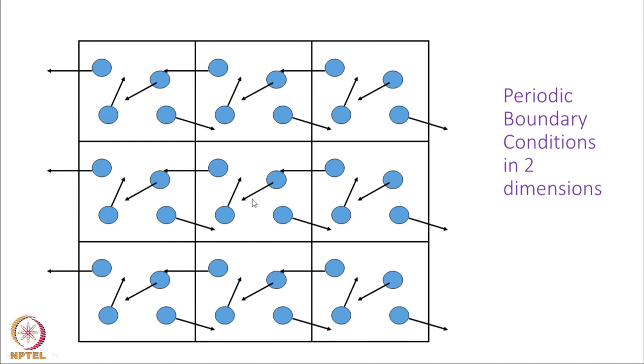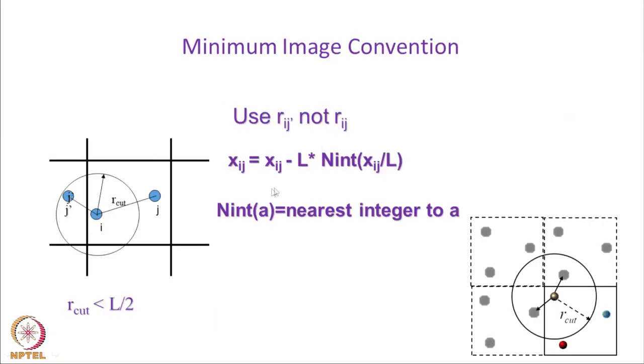Make sure you get this right, because not only will there be these 8, there will be 9 boxes behind this screen and 9 boxes in front of the screen. So, 9 plus 9, that is 18, plus these 8, so there will be 26 boxes surrounding this central box. So, that is my periodic boundary condition, and the advantage of periodic boundary condition is that each particle in my periodic system will interact with all the particles around itself. This is called a minimum image convention.